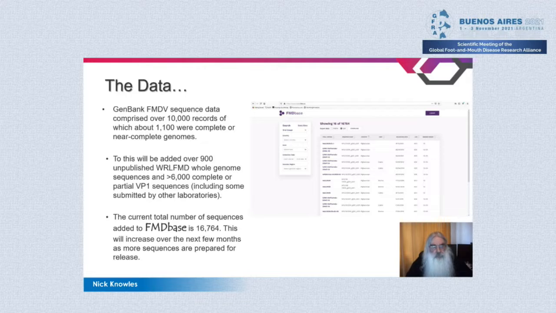So the total number of sequences added to FMD-Base so far is 16,764. This will increase over the next few months as more sequences are prepared for release. And this illustration here shows the main interface whereby people can access this data.